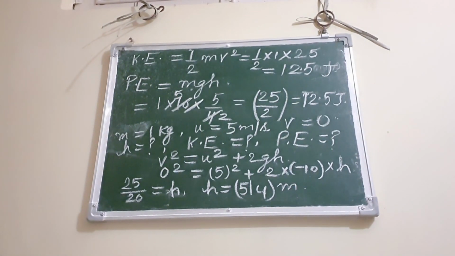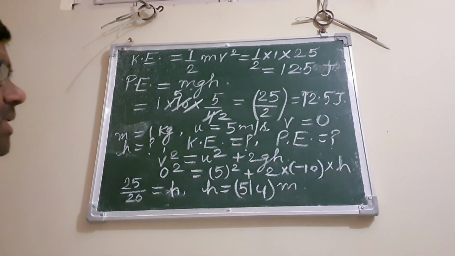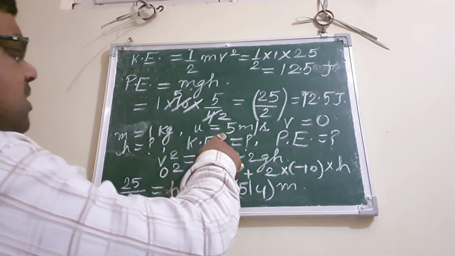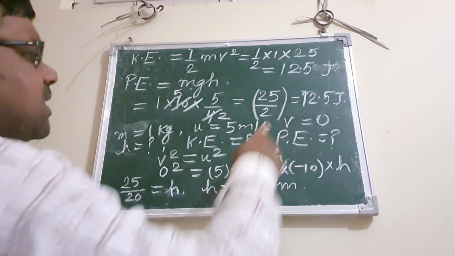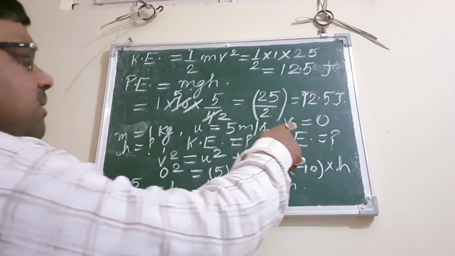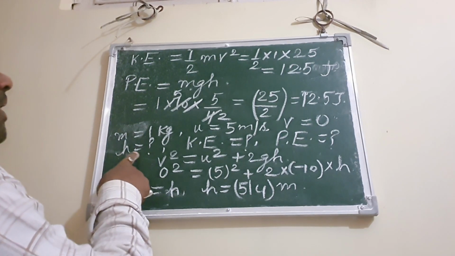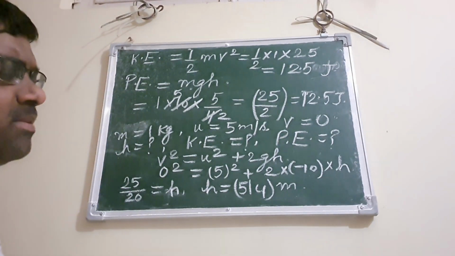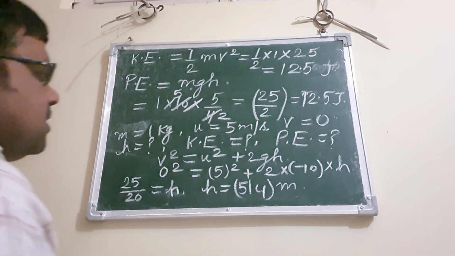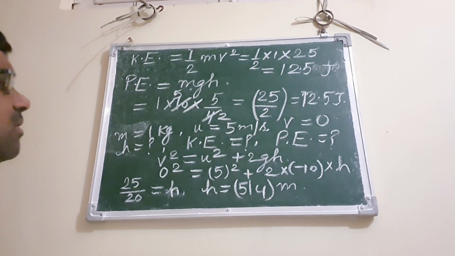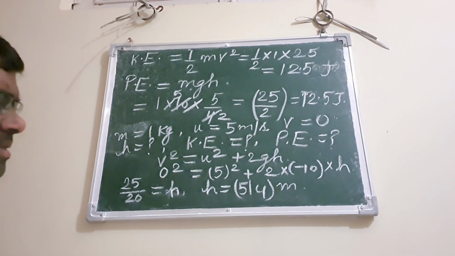So we are going to understand it once more. Mass was given as 1 kg. Initial velocity with which the ball was thrown was 5 meter per second. At the maximum height, the final velocity v will be 0. Kinetic energy we have to find. Height, we have to find the maximum height, and the potential energy at height h we have to find. Applying the third equation of motion, v square equal to u square plus 2gh.